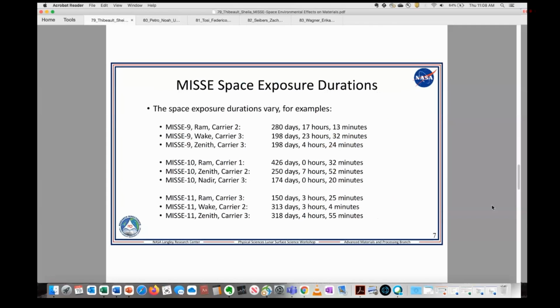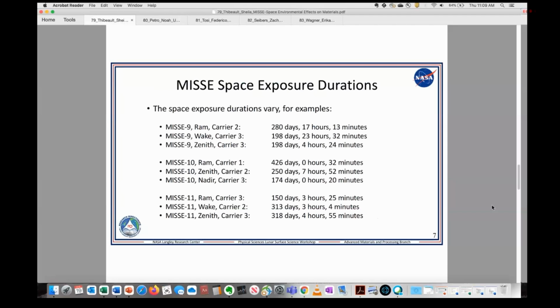Next slide, please. The space exposure durations do vary on MISSY. It's kind of hard to predict what the length of your exposure is going to be when you launch.